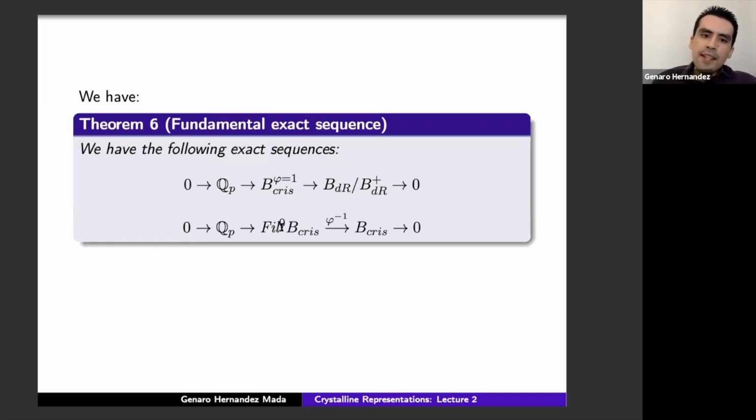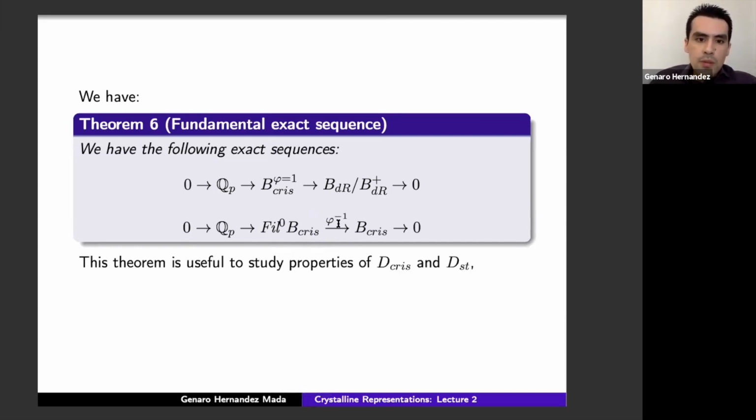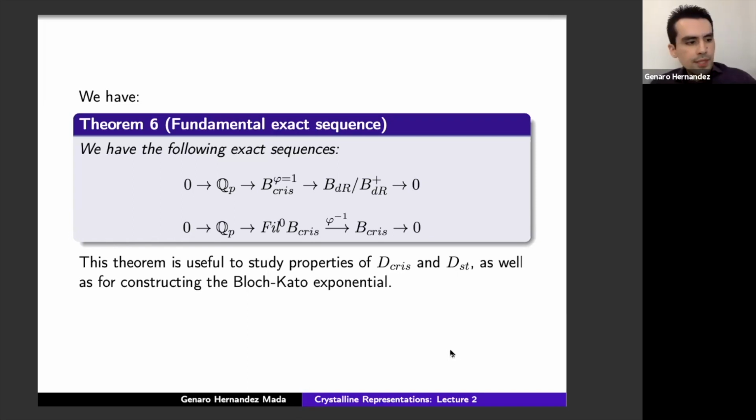And if I take the zeroth piece of the filtration there, I can take actually the inverse of Frobenius, and that's actually surjective too. So this theorem is very useful to study the properties of the functors D Cris and D ST that I have not defined just yet. And it's also very useful for constructing what is called the Bloch-Kato exponential.